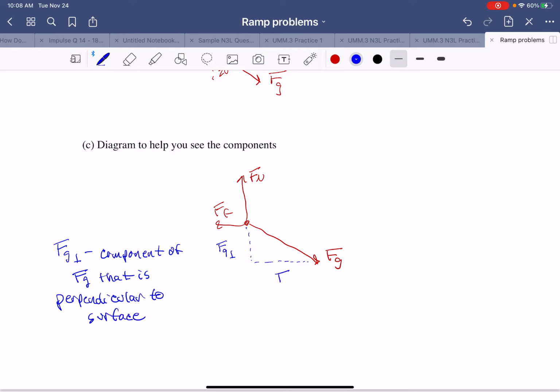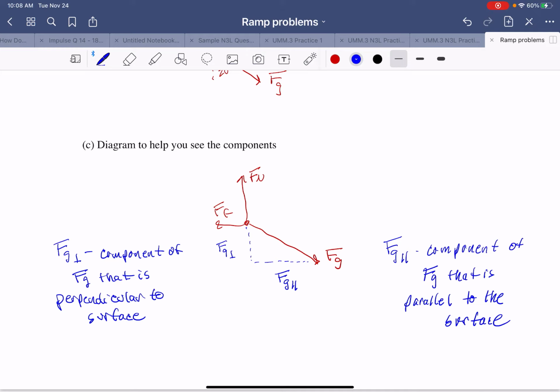This right here is my gravitational parallel. So Fg parallel is the component of Fg that is parallel to the surface.